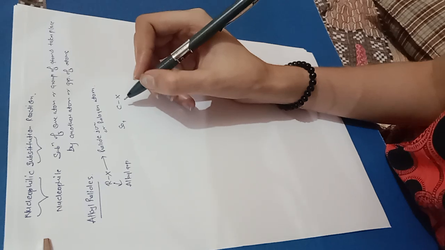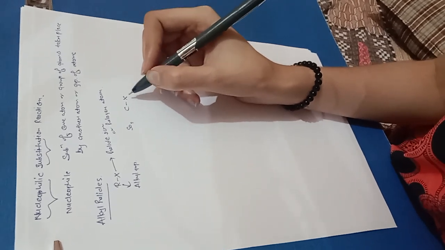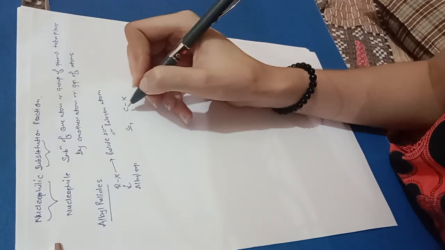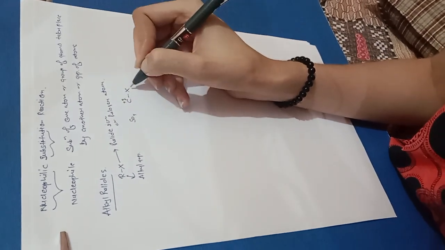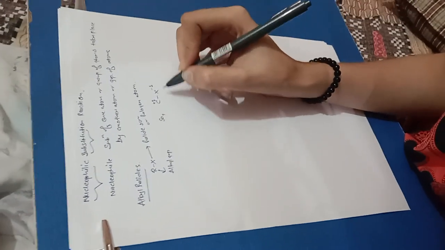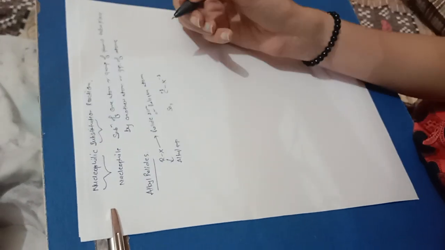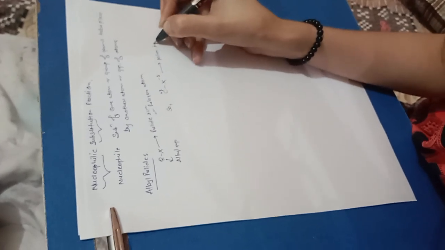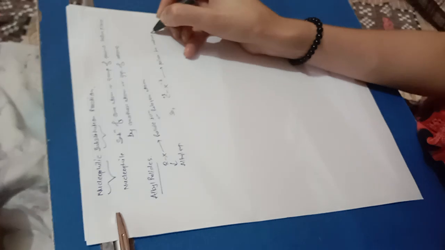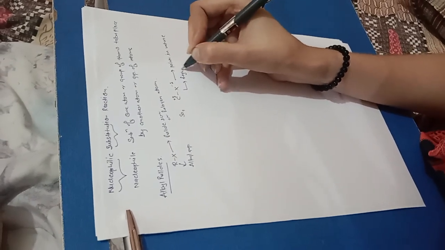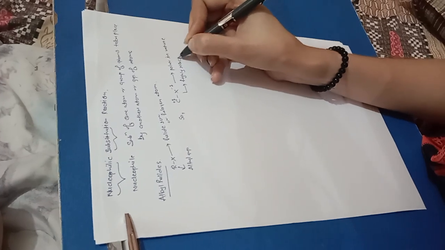As we know, the electronegativity of carbon is less than that of the halogen atom, so carbon acquires a partial positive charge and halogen carries a partial negative charge. So alkyl halides are polar in nature, and due to this polarity, they are highly reactive.